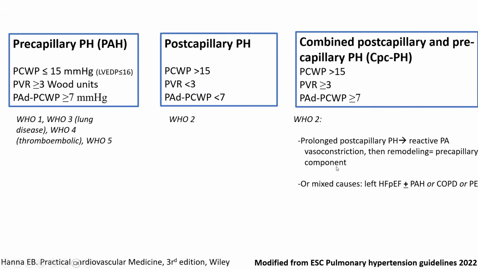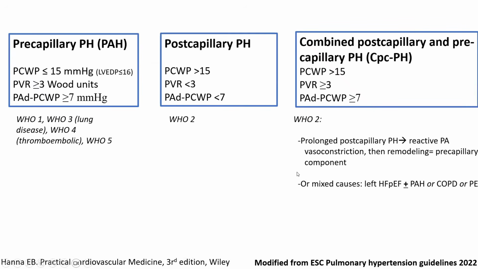The precapillary component is typically mild, meaning their PVR is in the range of 2 to 5, but the more prolonged and severe that postcapillary pH, the more the precapillary component may evolve into the severe range as well, over 5 Wood units.